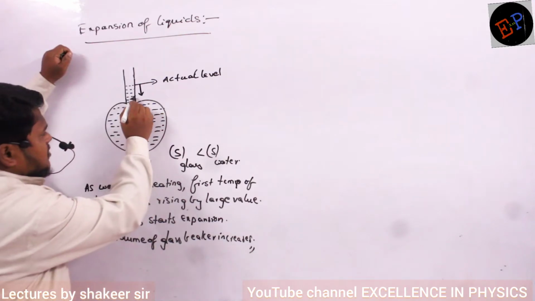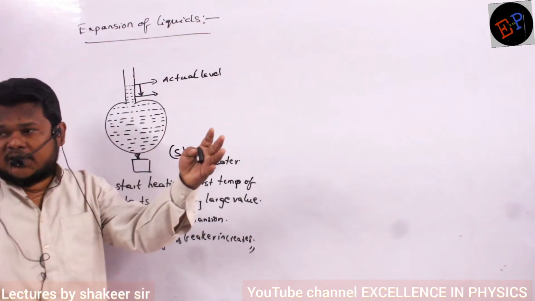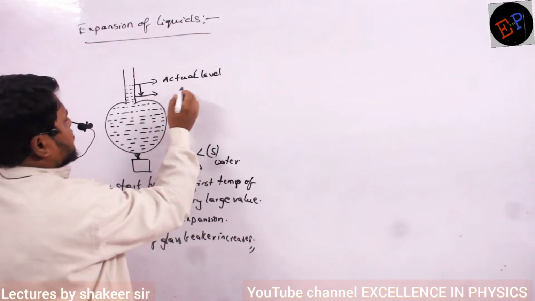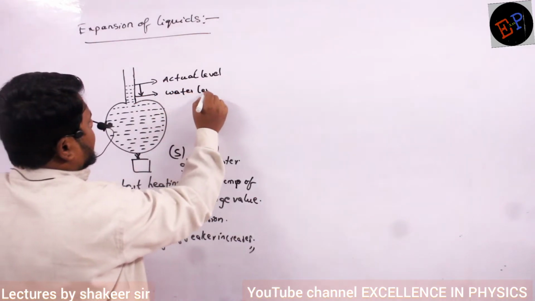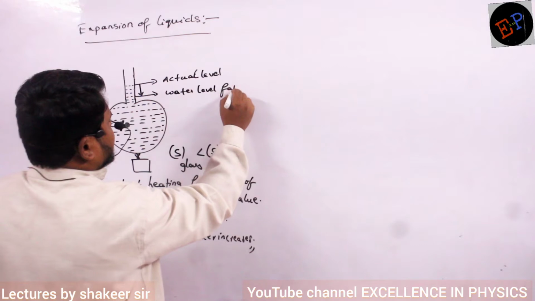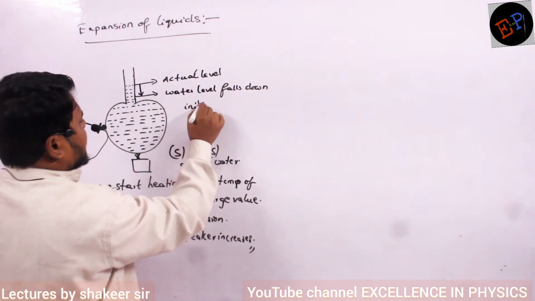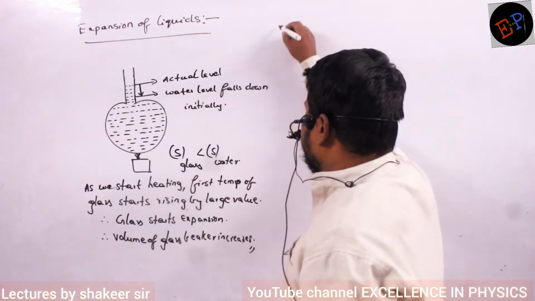Why does the level of water fall down? Because the volume of the glass is increasing. So automatically the water level will fall down initially.